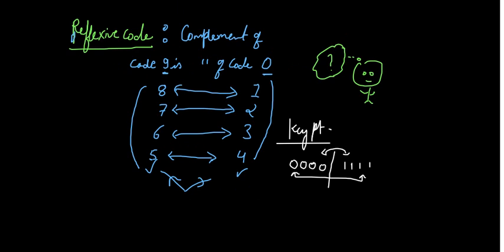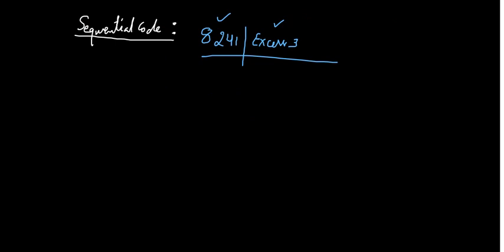In the reflexive coding, the code can be 2421 type coding, 2421 and 5211. So this is the reflexive coding. We have already studied the reflexive coding, which is 2421 and 5211, and we already studied the 8421 and XS3 coding, which is known as sequential coding.